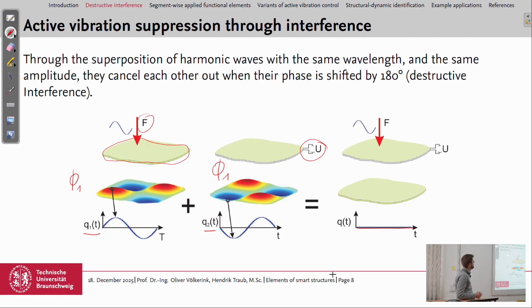So this is the idea of superposition of harmonic waves with the same wavelengths and the same amplitude, same vibration behavior in terms of space, but with 180-degree phase shift in terms of time.